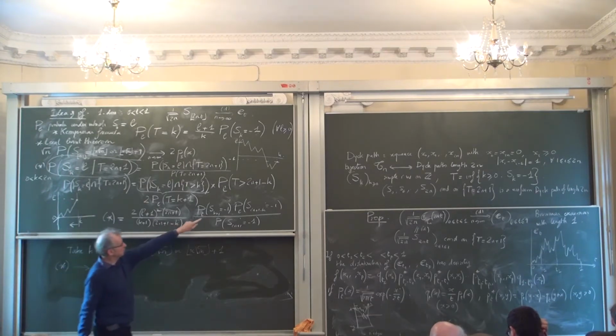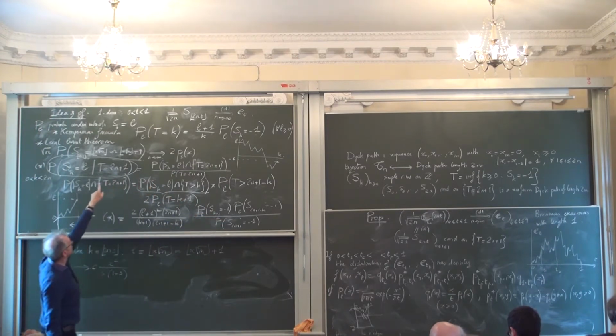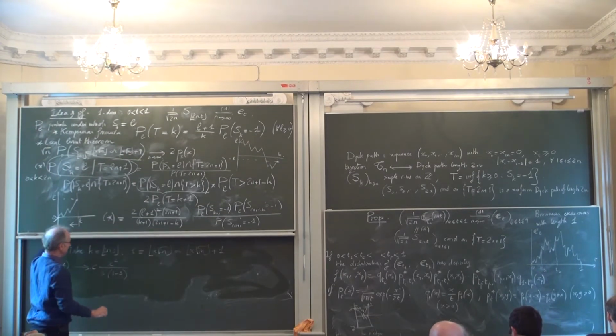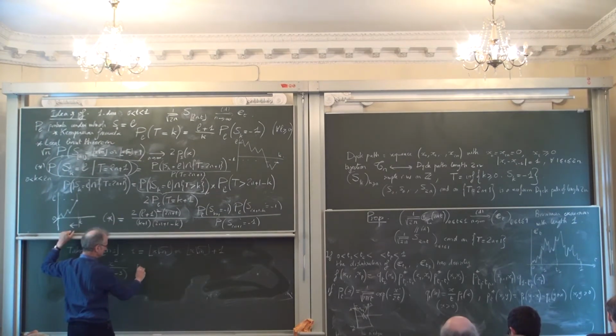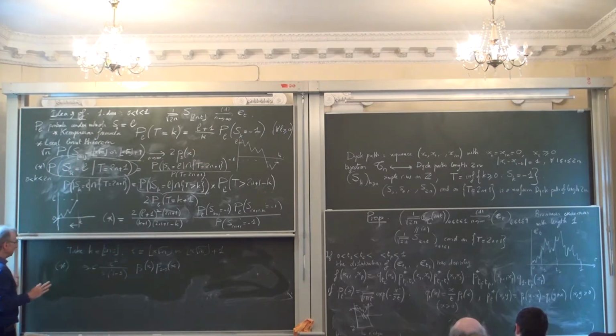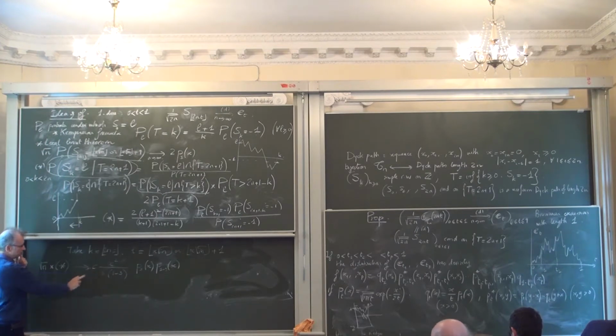And if you take the ratio of these probabilities, you use the local limit theorem. So you use this result here, and so you see that you will get something like p_s of x, p_{1-s} of x. And in fact, the powers of n have to cancel. So in fact, you multiply this, say, by square root of n. Okay? Then the powers of n cancel. Then you have a certain constant here.